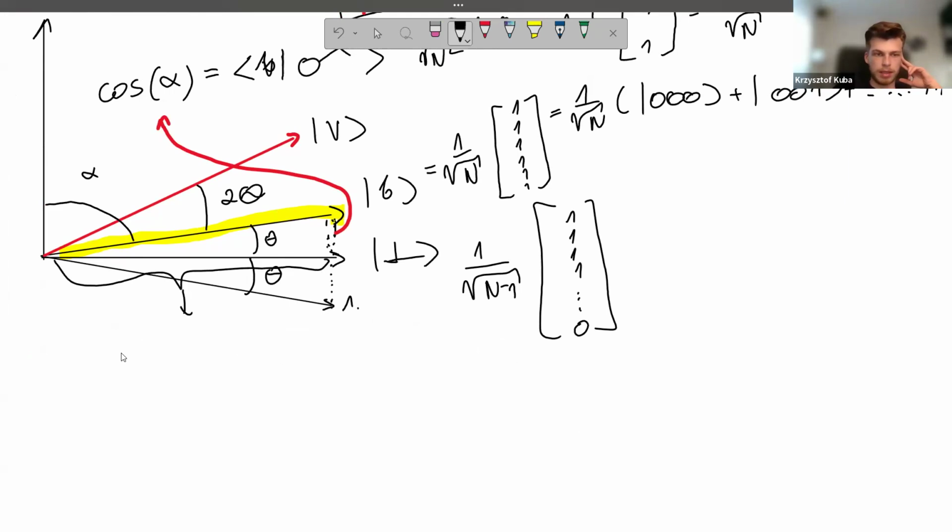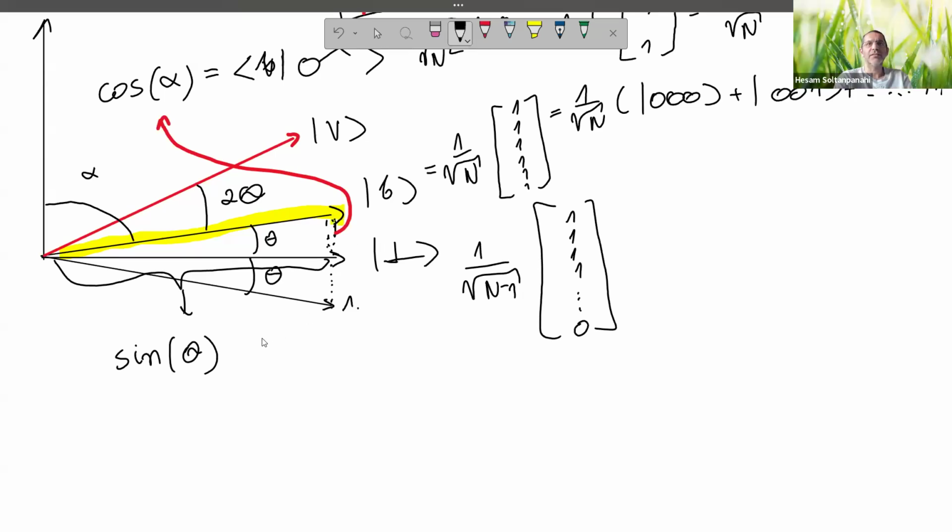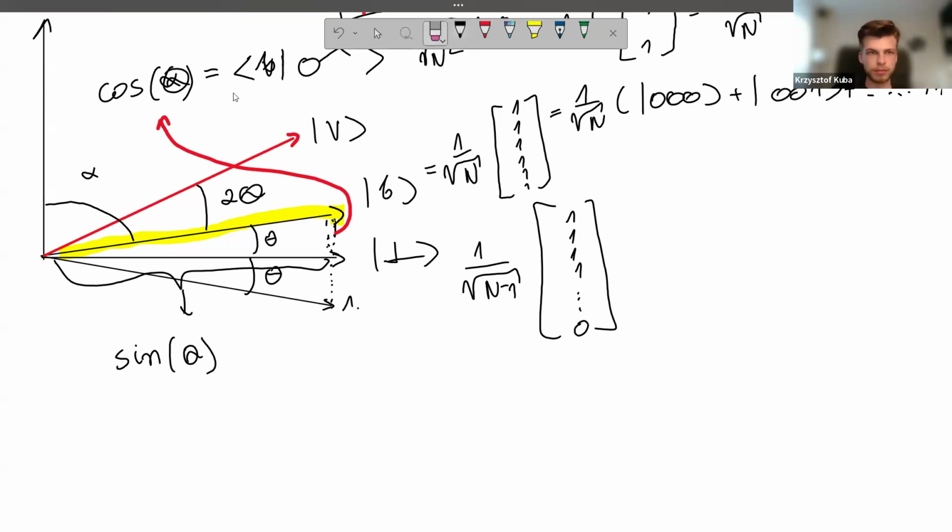On the other hand, this line segment here will be the sine of theta. And since this is also the sine of alpha, right? No, this is the sine of theta. So this should be the cosine of theta also. Sorry, this is the cosine of theta, of course.